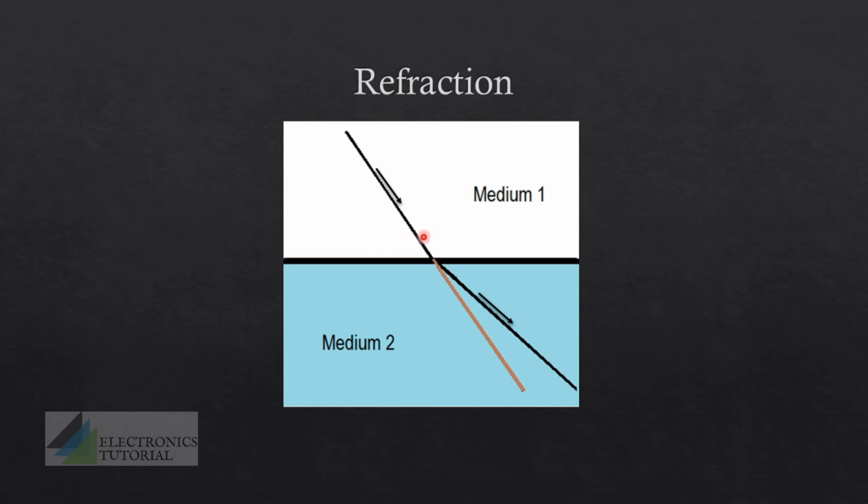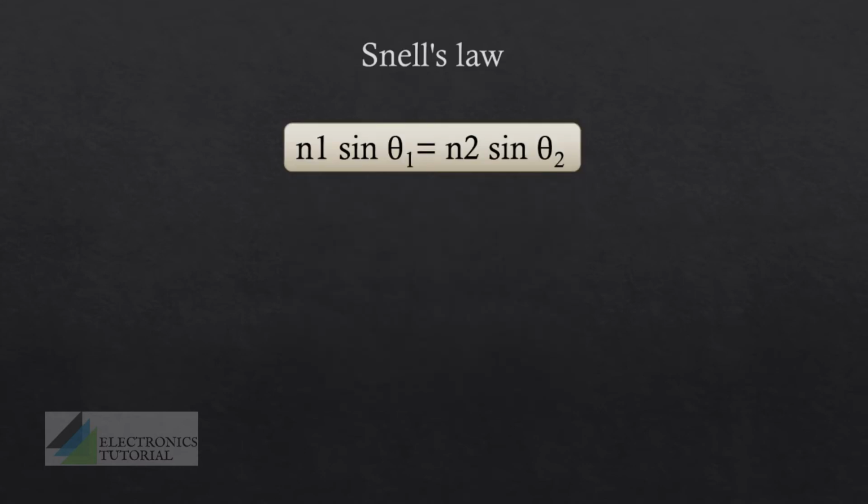There is a particular relation between the angle of incidence and the angle of refraction. And this relation is explained by Snell's law. It can be defined as n1 sine theta 1 is equal to n2 sine theta 2. Here theta 1 represents the angle of incidence and theta 2 indicates the angle of refraction.